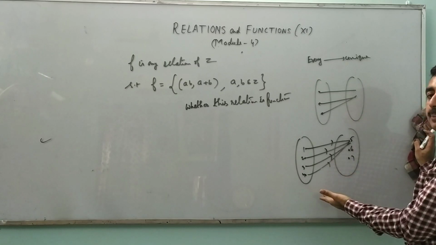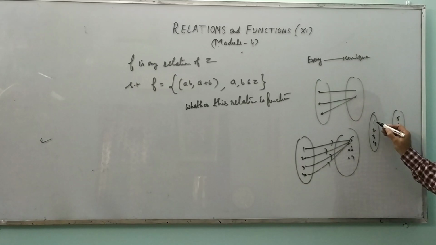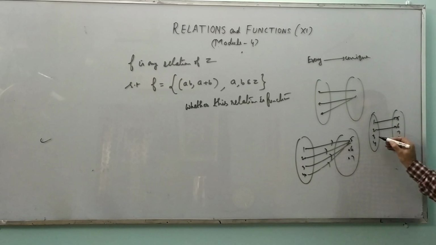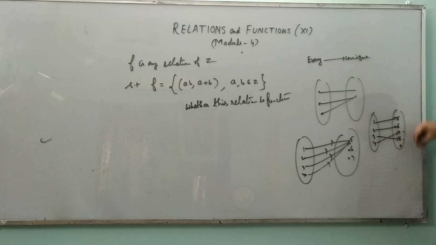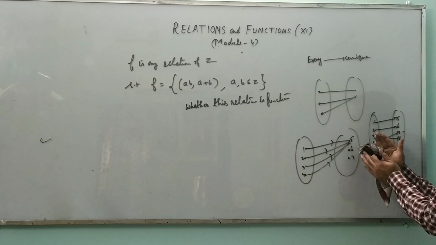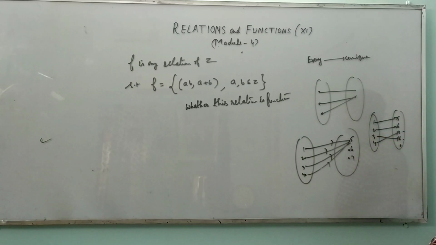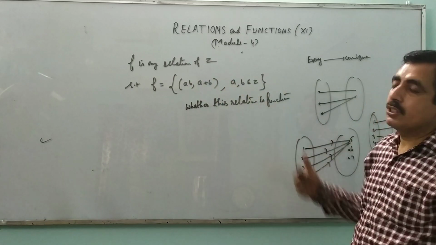It is a function. If I say 1, 2, 3, 4 and 5, 6, 7, 8, 1 is related with this, 2 with this, 3 with this, 4 with this. There may be some numbers more, but every element has a unique image. It may be distinct, it may be same. If every element has a unique image, it is a function. So this is the relation, and the question is whether it is a function.